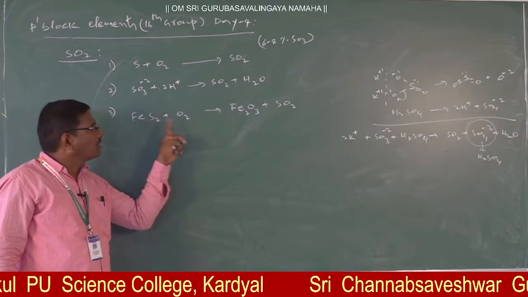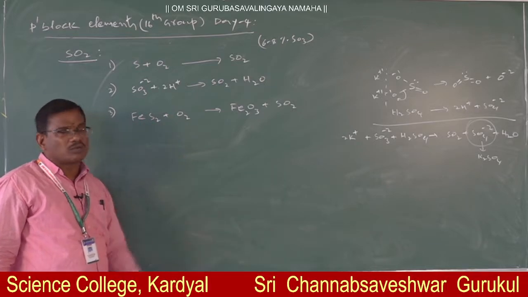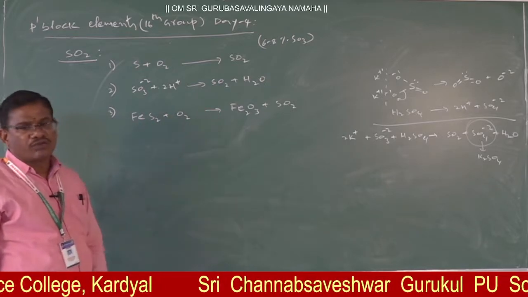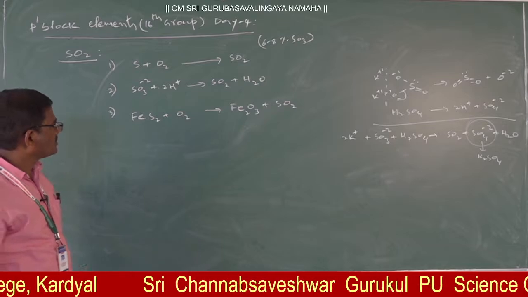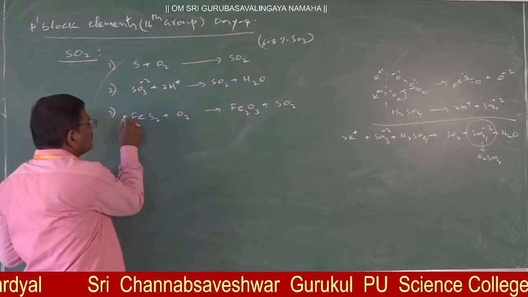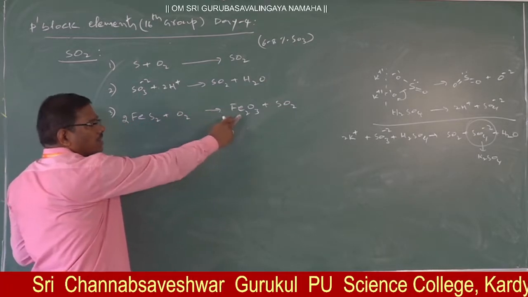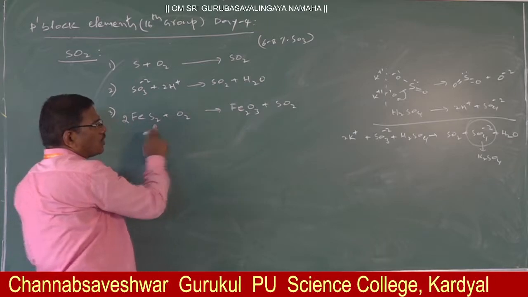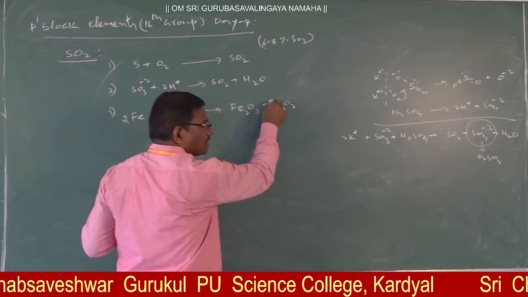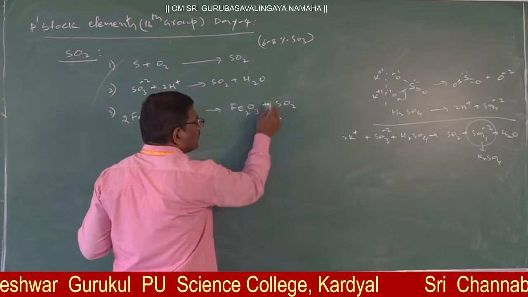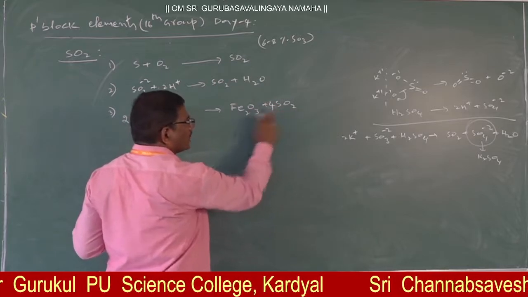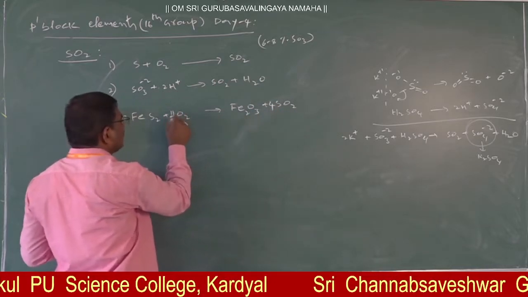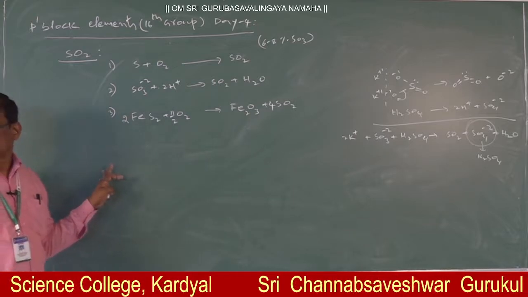Right? Iron burns in oxygen, sulfur also burns in oxygen to give Fe2O3 with sulfur dioxide. Fe2O3 means here if you take 2 moles, Fe2, 2 to the 4, here 4 sulfur. Correct? Here if you want to make 4 sulfur dioxide, 4 to the 8 plus 3, 11 by 2 O2. Clear, na?